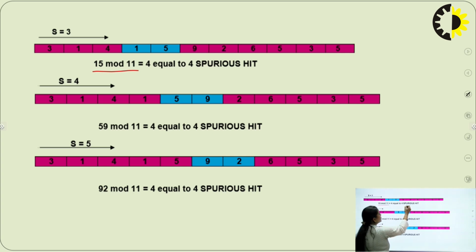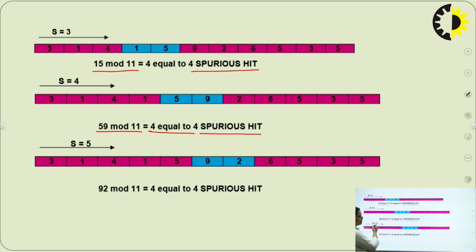The hash value is equal but the characters are not, which is called a spurious hit. Again here 59 mod 11 is 4, and checking 59 with 26 character by character, they do not match. The hash value is equal but the characters are not matched, so again we got a spurious hit.